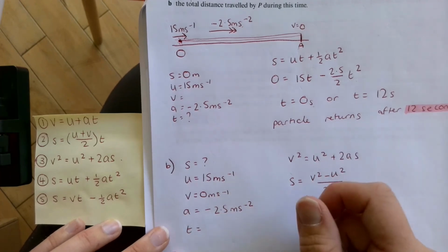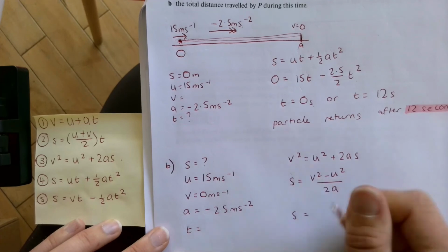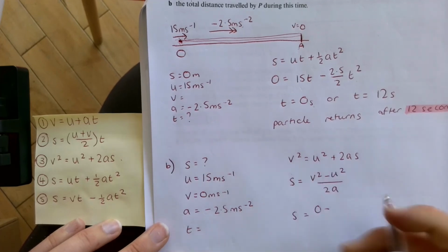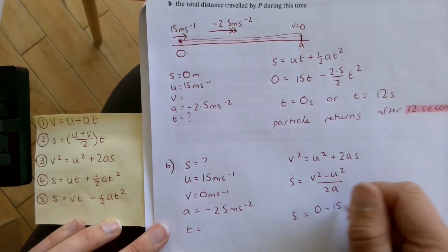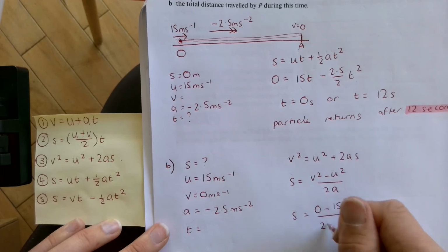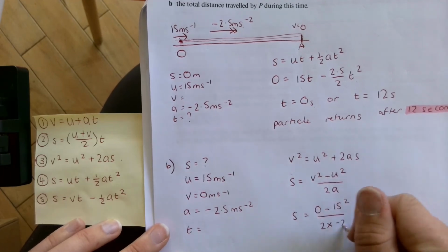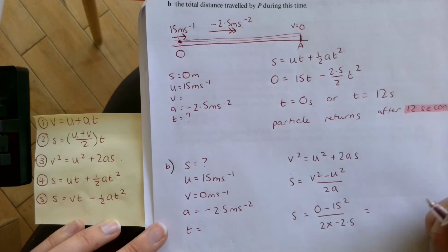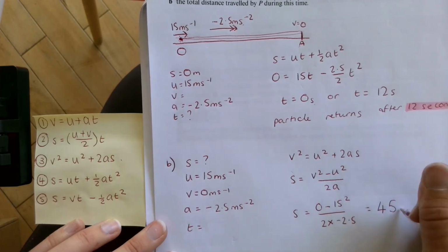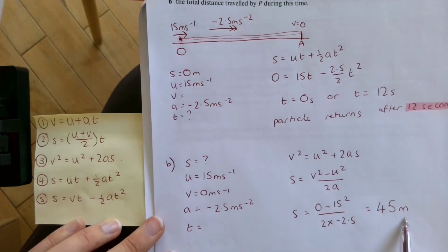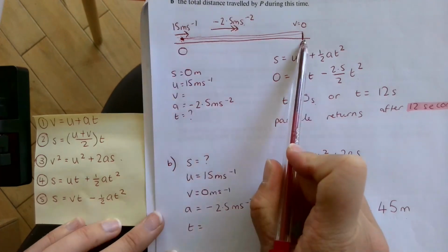So then I can put that in. I've got s is equal to v squared, which is 0, minus u squared, which is 15 squared, all divided by 2 multiplied by a, which is negative 2.5. Type that into your calculator, and you get that the displacement is 45 metres. So I know from O to A is 45 metres.